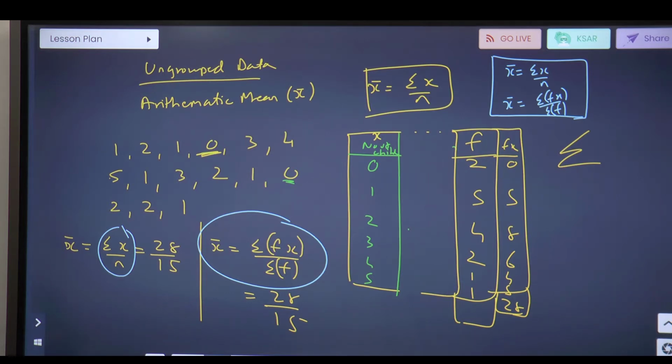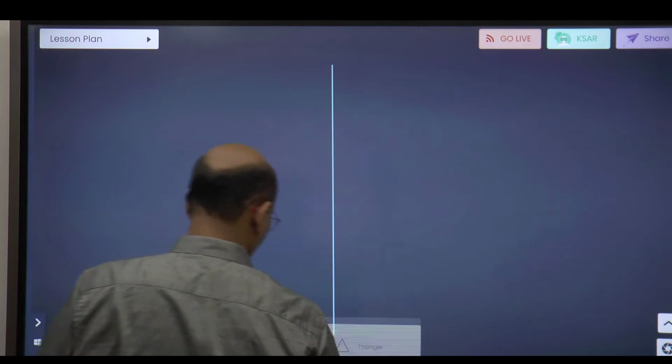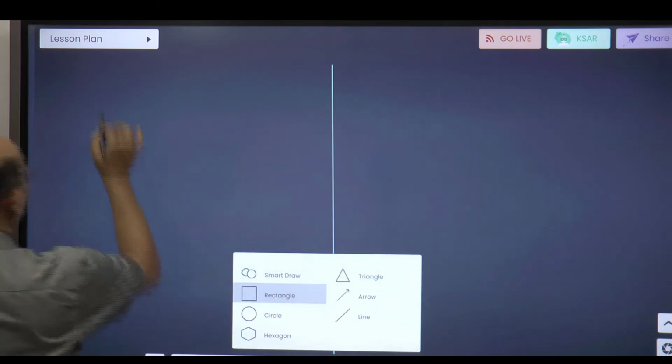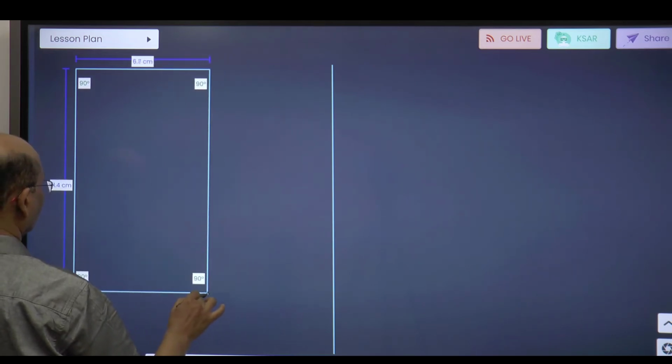Yeah, here we go. Very simple working there. I'll just take an example there and then you'll come to know what I want to show. Just draw this rectangle there because it's easier for us to work it out.